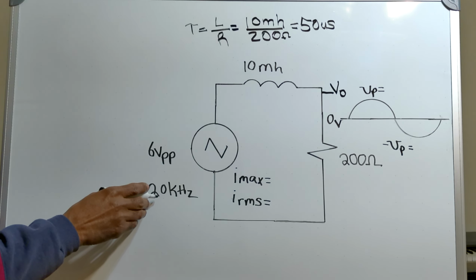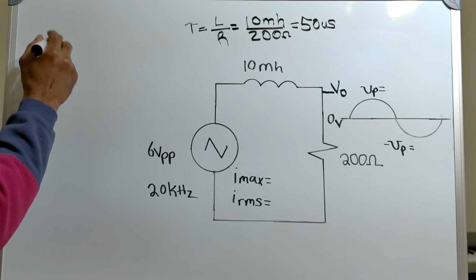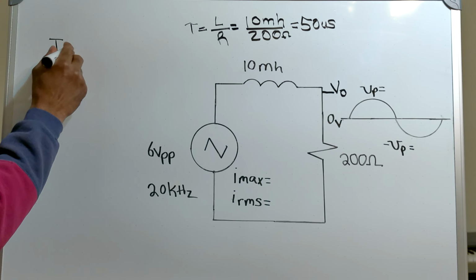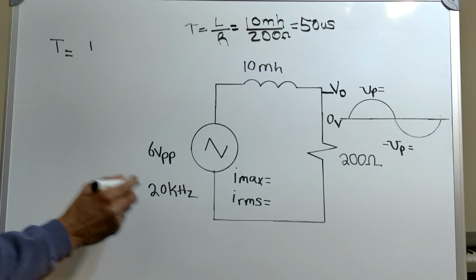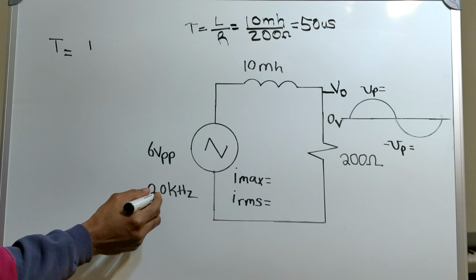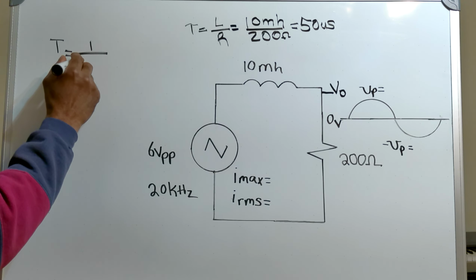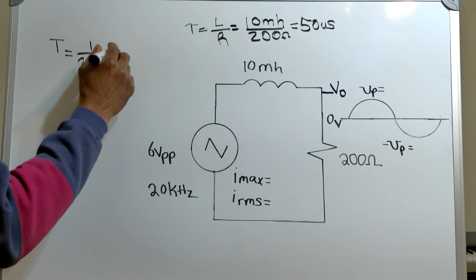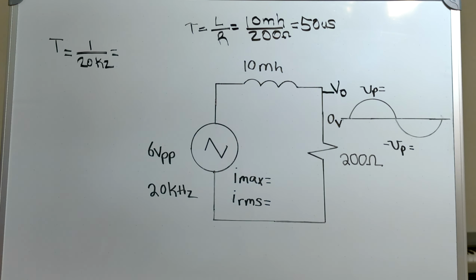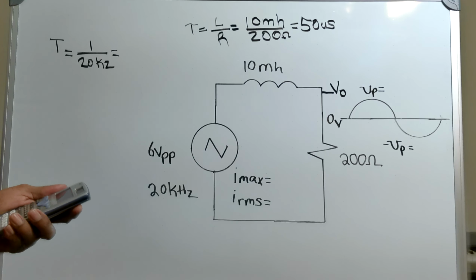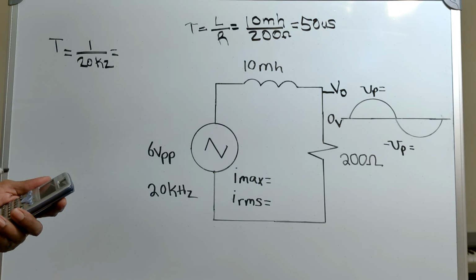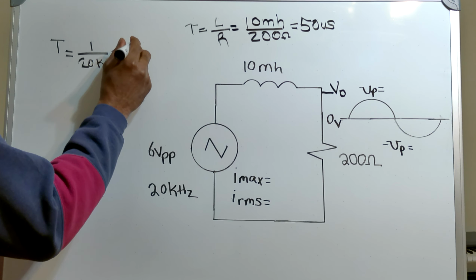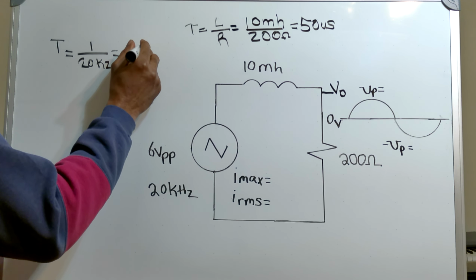Now I will be finding my period T. T equals 1 over my frequency of 20 kilohertz, and that equals 50 microseconds.